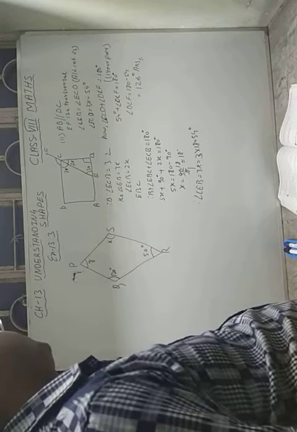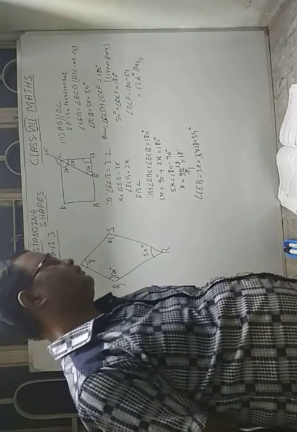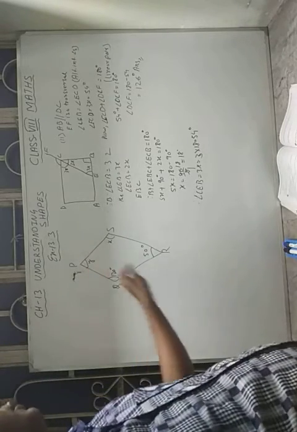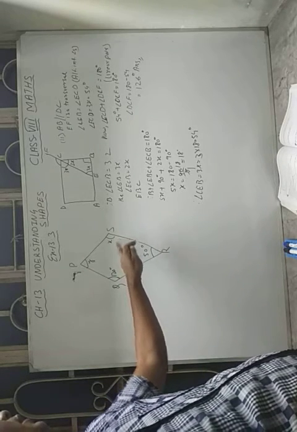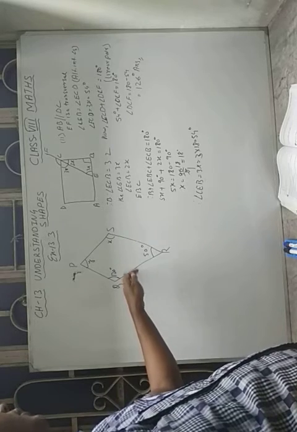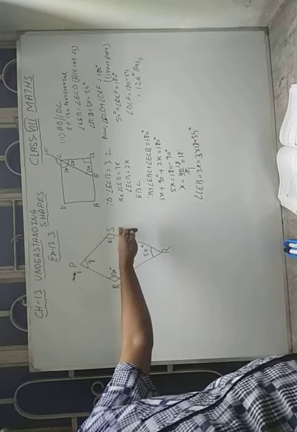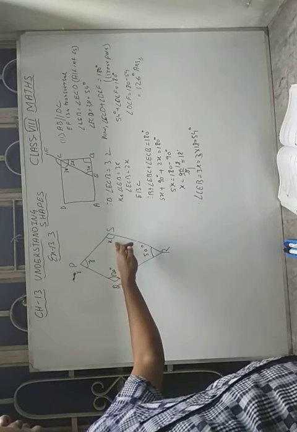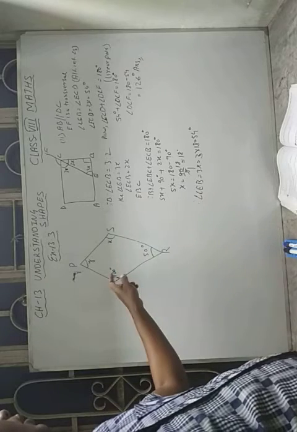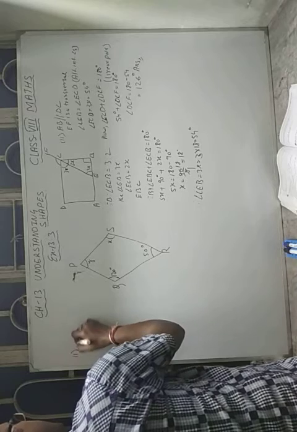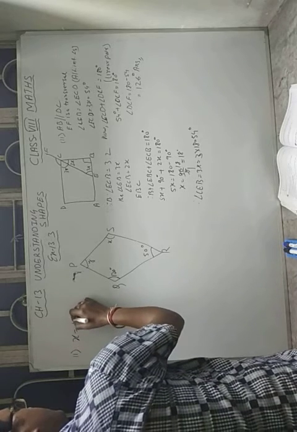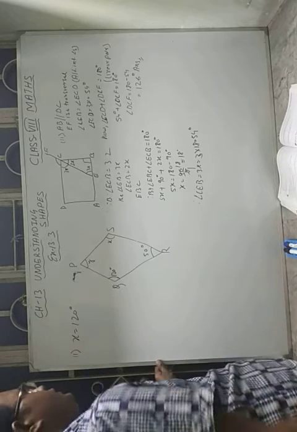As you know, in a kite, always remember that since the adjacent sides are equal, one pair of opposite angles is also equal. So you can say angle Q is equal to angle S. So here, angle x equals 120 degrees. Why?